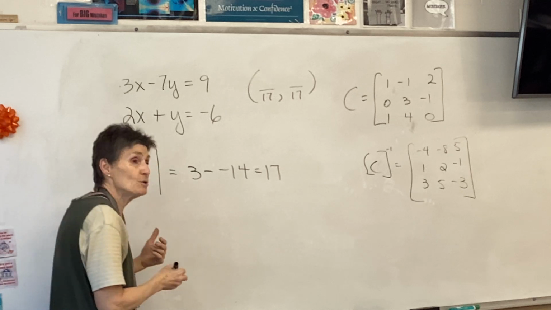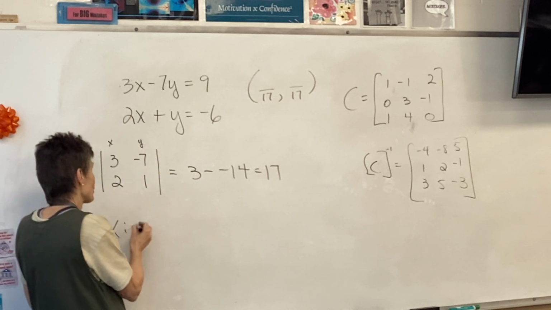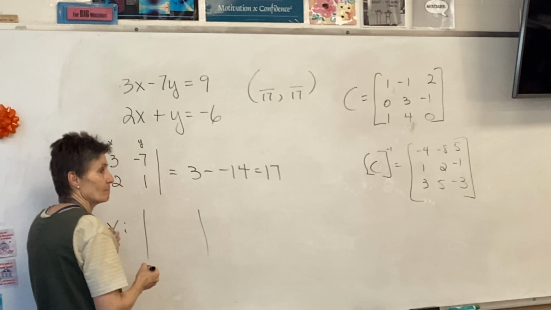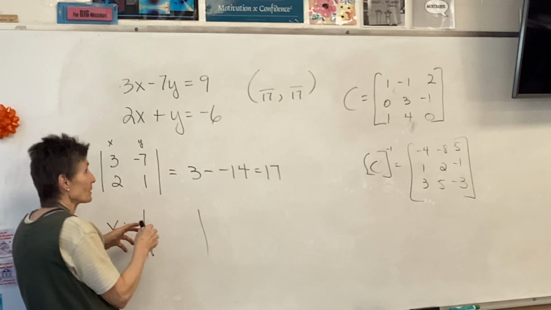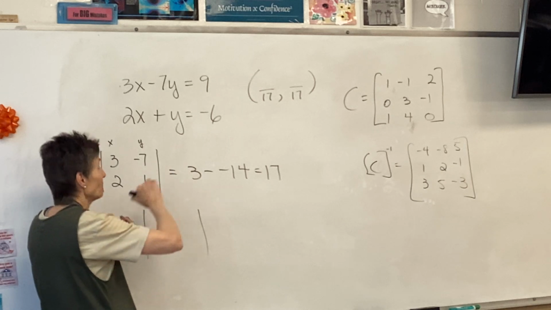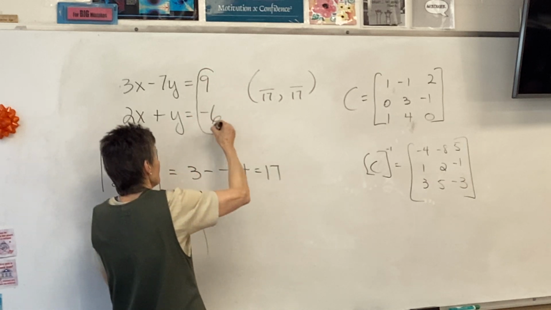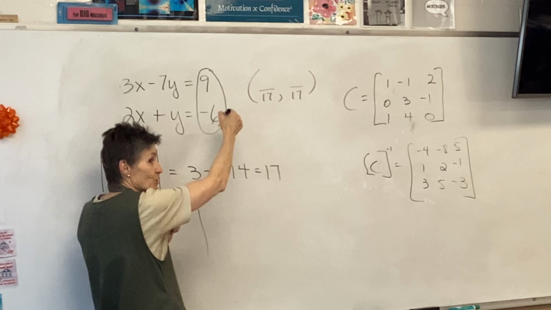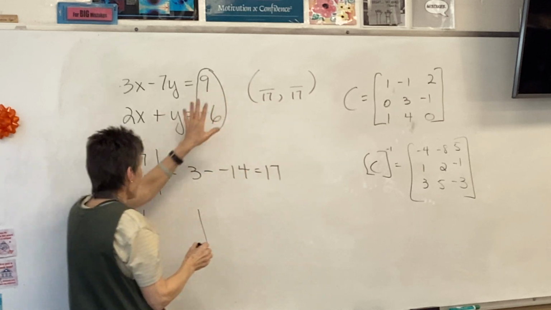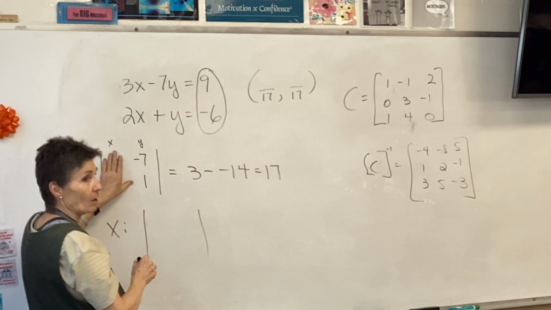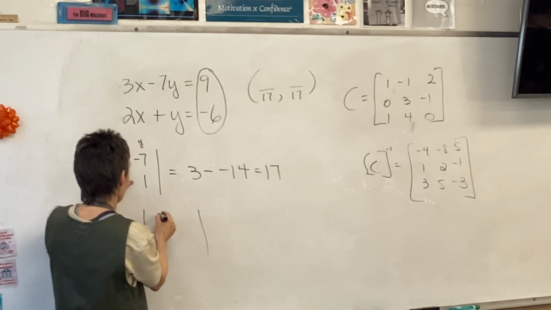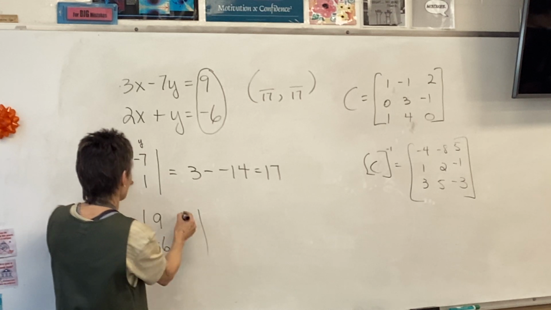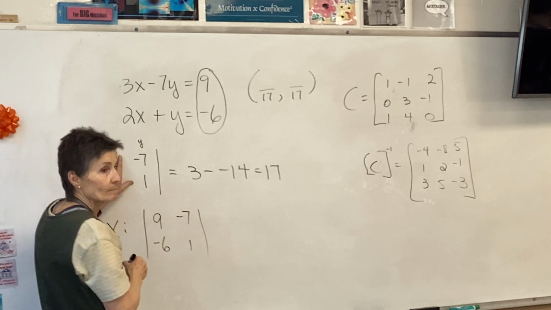Now, what about the numerators? It's so simple, you aren't going to believe it. To find the x numerator, go back to your original problem, cut these 2 numbers out, these 2 we haven't used yet, and paste them on top of the x's. So that will now look like 9, -6, -7, 1.